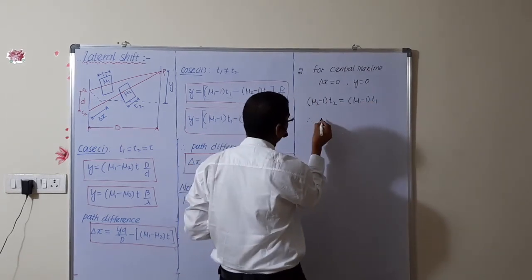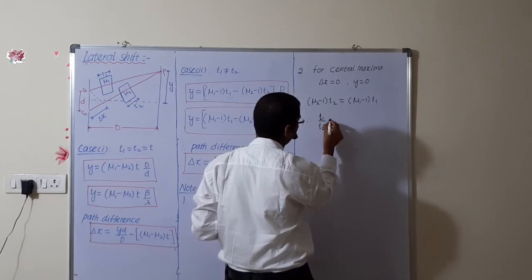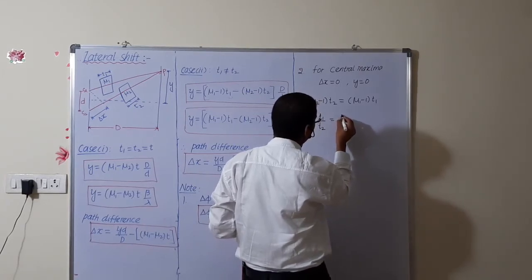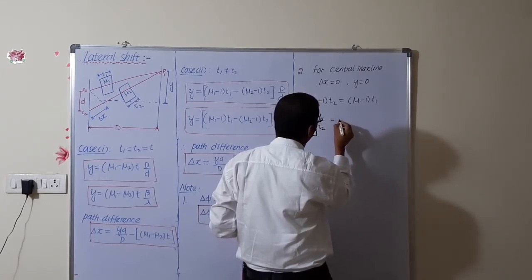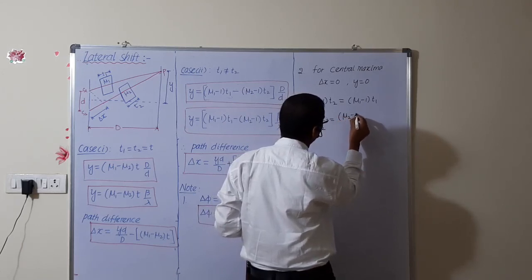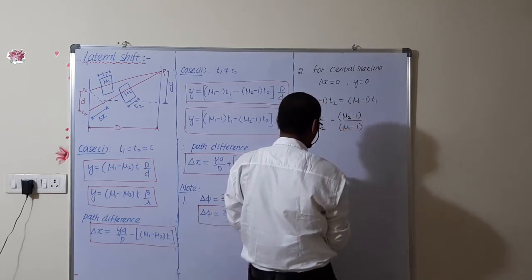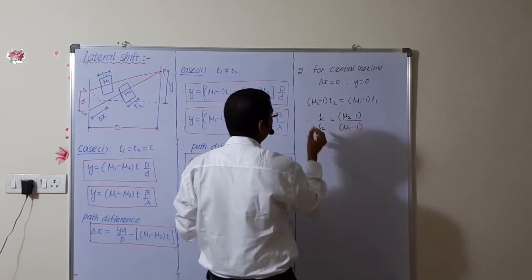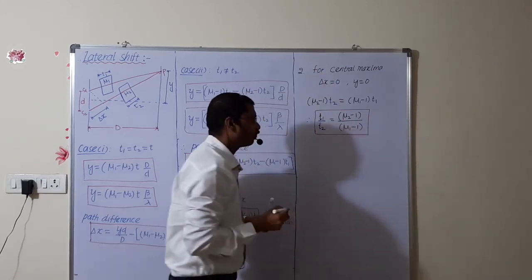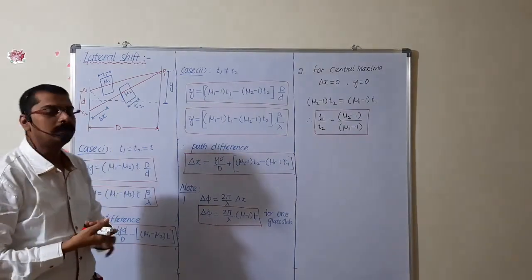If I take the ratio of the thickness of the first glass plate to the second glass plate, we can write t1 upon t2 is equal to (mu2 minus 1) upon (mu1 minus 1). By using this formula we can also find the thickness of an unknown glass plate. Okay, this is the complete story about Young's double slit experiment.